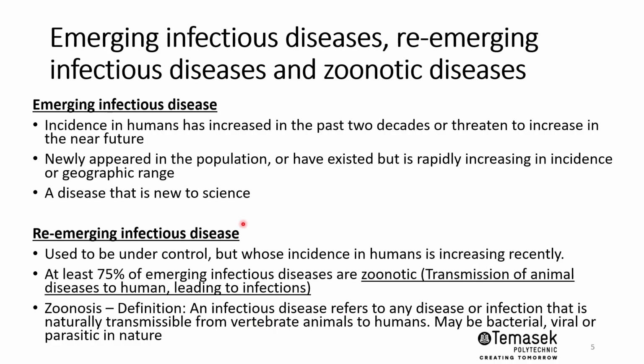So you need to know the definition of emerging infectious disease, as well as re-emerging infectious disease, which is defined as diseases that used to be under control, but whose incidence in humans is increasing recently. It will be good to know also what zoonosis is, as we have defined here.